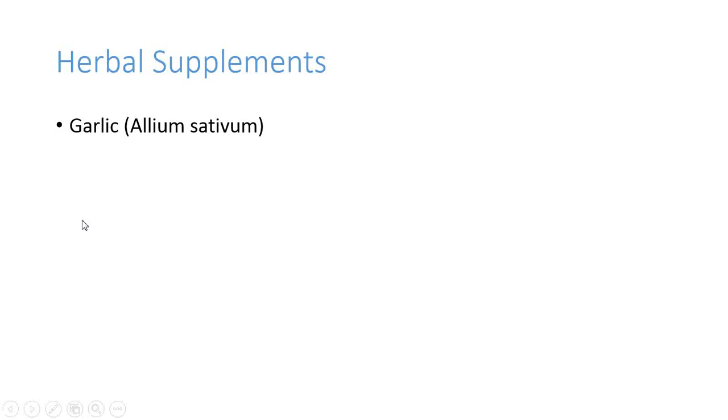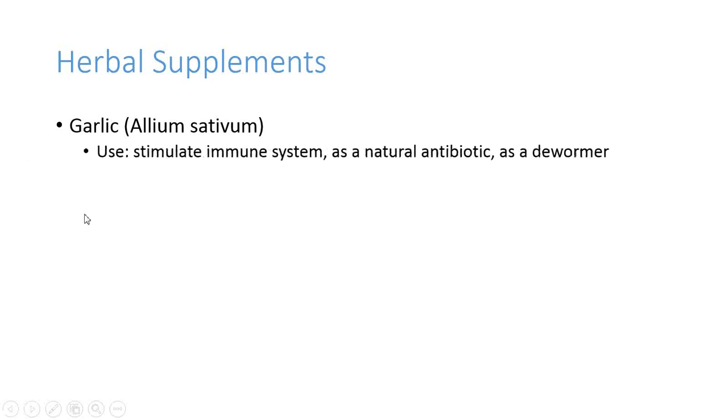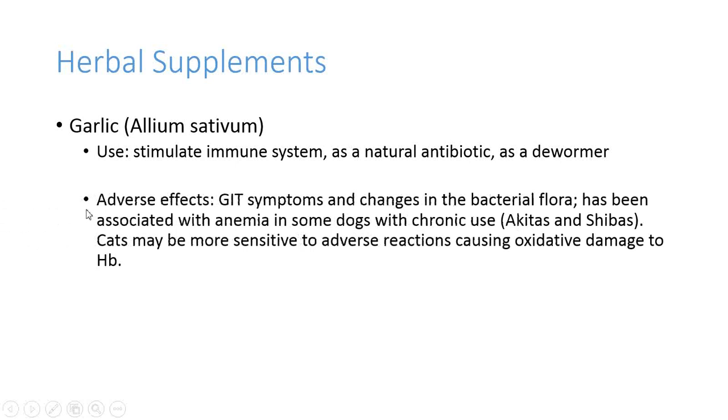Garlic, gosh, garlic's been used a long time to stimulate the immune system. It's a natural antibiotic, also used as a dewormer. Some animals have sensitivities to garlic, especially the Keeshonds in dogs like this. Be very careful. The Akitas, the Shiba Inus also have issues with this. It can cause anemia in these dogs, so be careful using it in these dogs.